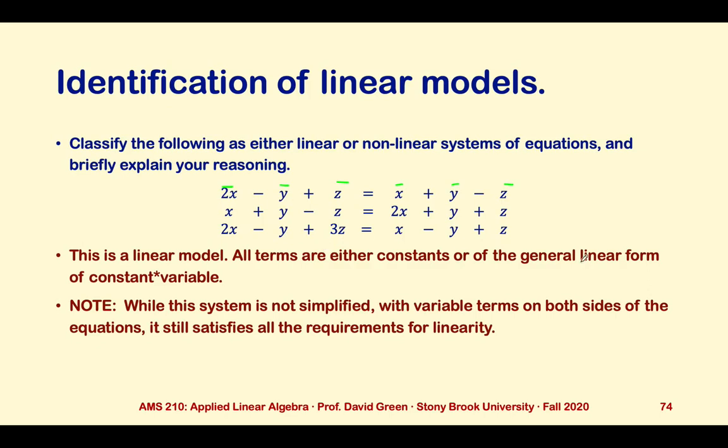Every term is either a constant or a constant times a variable. It is linear. This system hasn't been simplified. We have variables on both sides of the equations, including the same variables. We could find a much easier way of writing this. This isn't in the standard form for a linear system, but it still satisfies all the requirements of linearity. Therefore, it is still a linear system.